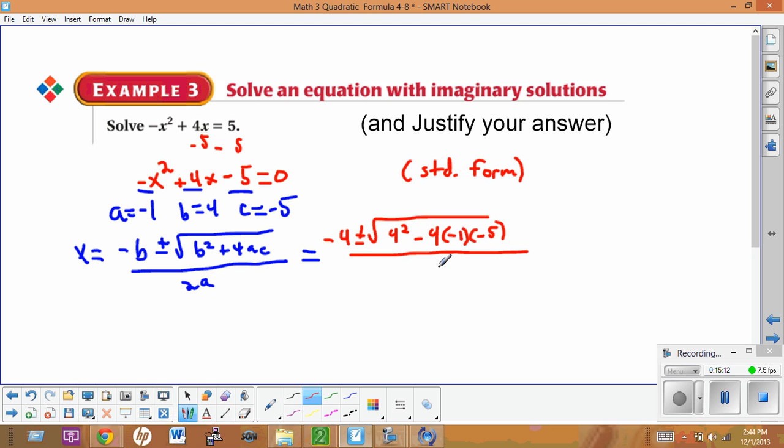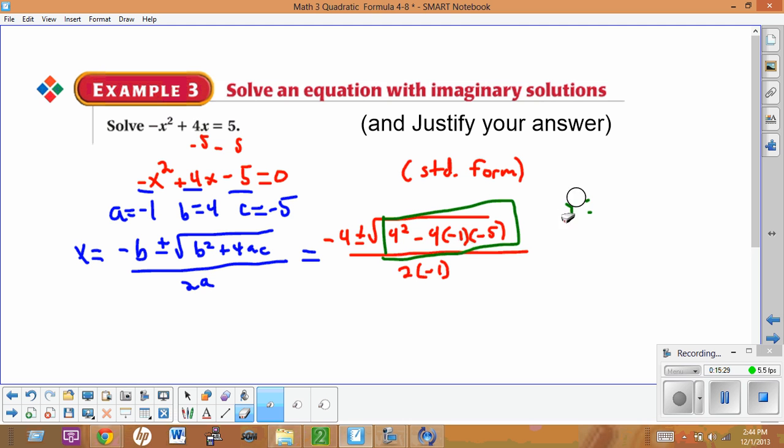Okay, so remember again, I do this piece first. So 4 squared minus 4 times negative 1 times negative 5.